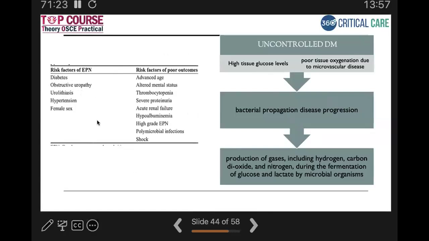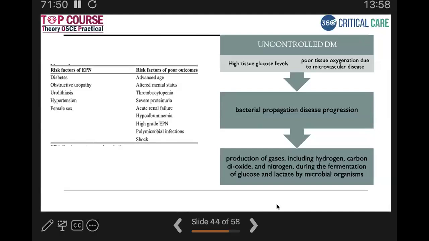And what are the risk factors for poor outcomes when a patient is having emphysematous pyelonephritis? Advanced age, any systemic manifestations like altered mental status, thrombocytopenia, severe proteinuria, renal failure, hypoalbuminemia, high-grade emphysematous pyelonephritis, polymicrobial infections, and shock.